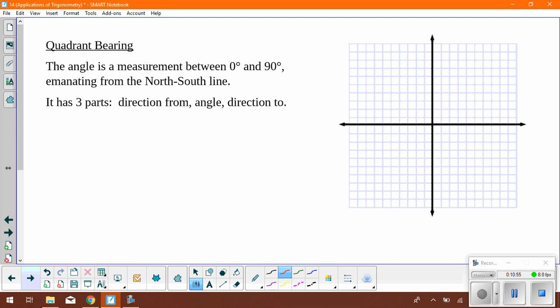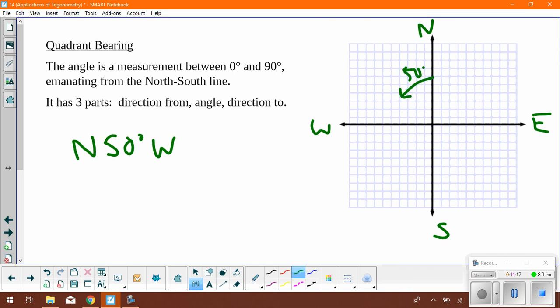So for example, a bearing might look like north, let's say 50 degrees west. So that means from the north line, right, north, east, south, west, that I'm going to go 50 degrees towards west, and that's where my direction is.